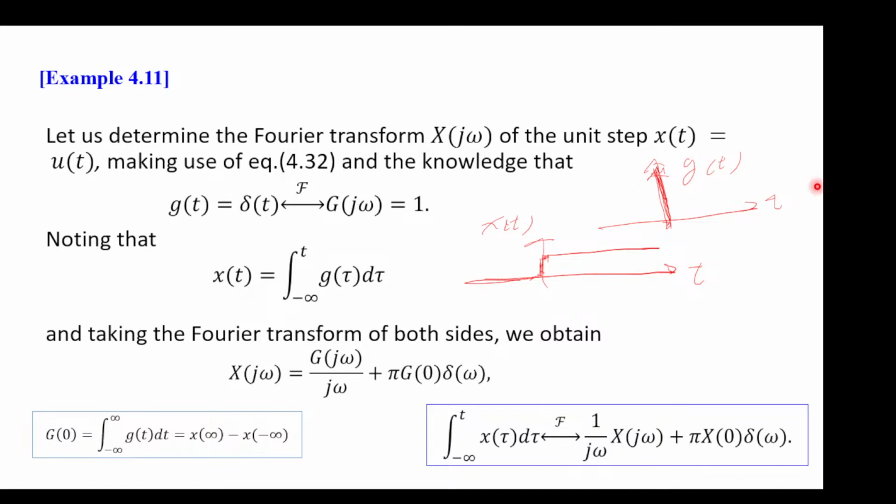So we have g of t and the integration of g of t, which we call x of t. It's a little confusing, but g of t and its integration give you x of t. So far, so good. This is a chapter 1 thing. So what do we mean by the DC term? It's basically this unit step function.